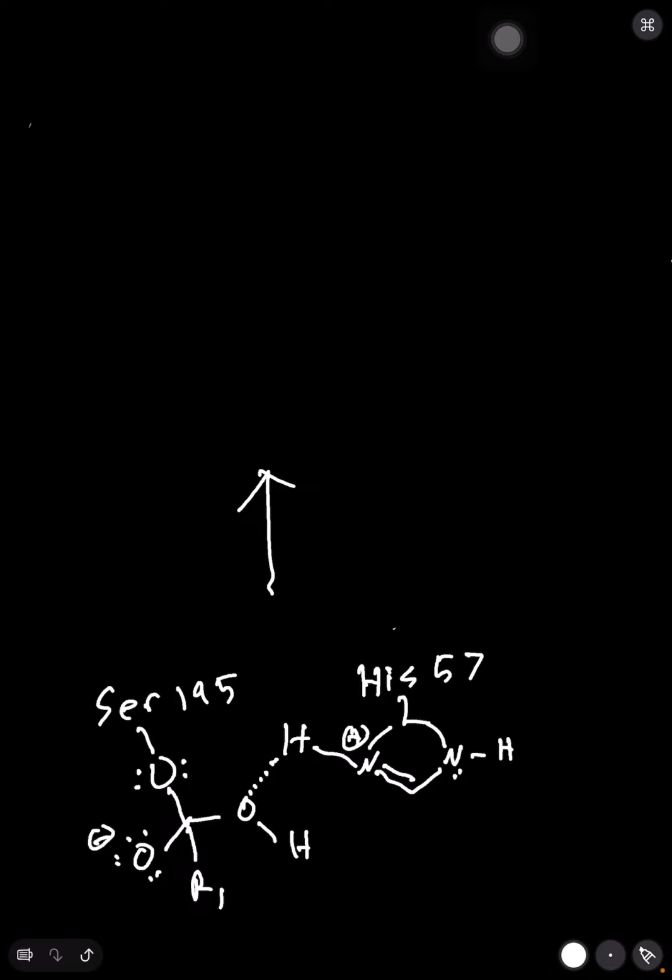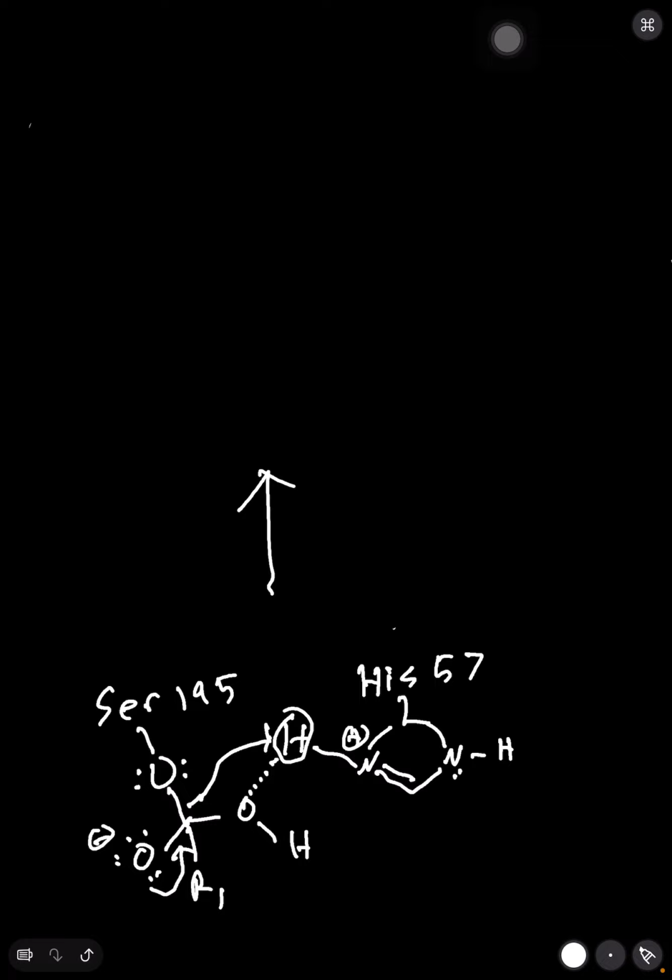So what's going to happen is this pair of electrons is going to come back down and reform your carbonyl. That's going to give the carbonyl carbon too many bonds. So this bond is actually going to break, the one between that carbon and the serine oxygen. That's also going to allow that oxygen to reach in and grab this proton.